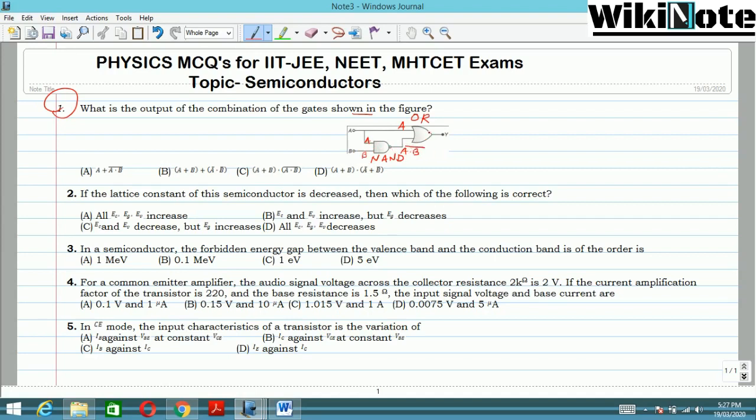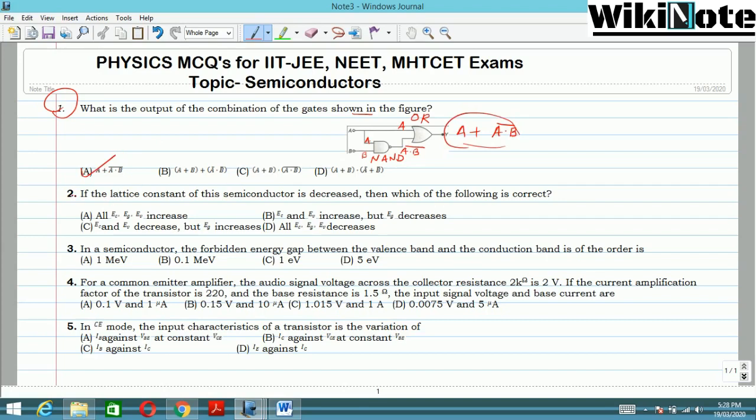And what will be the output of the OR gate? OR gate is nothing but the addition of A plus the complement of A dot B. So this should be your output. So the option A. I will not go for checking the rest of the options.